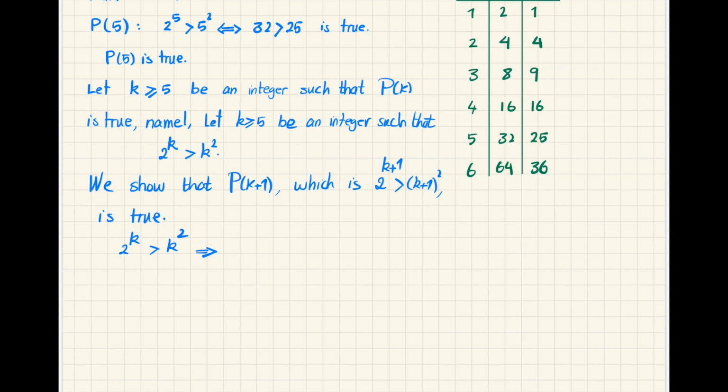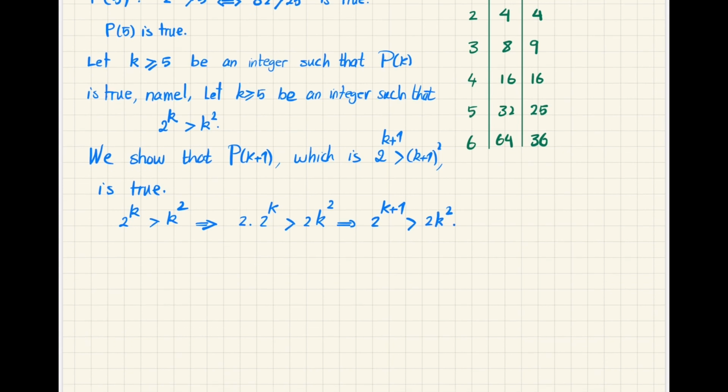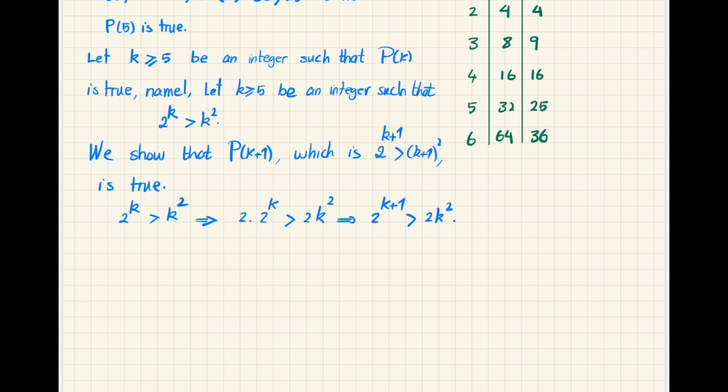And that's very easy. I just multiply it by 2, both sides, yes? But what does this mean? 2 times 2 to power k is just 2 to power k plus 1, which is greater than 2 times k squared.